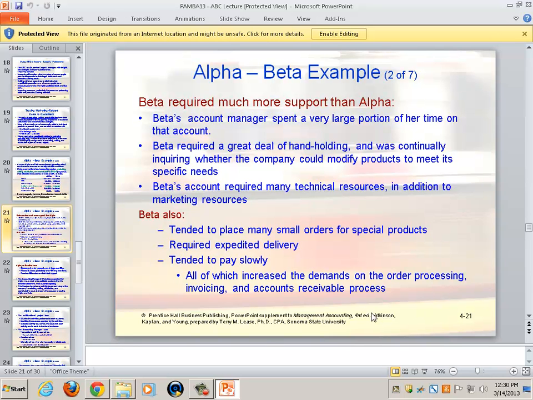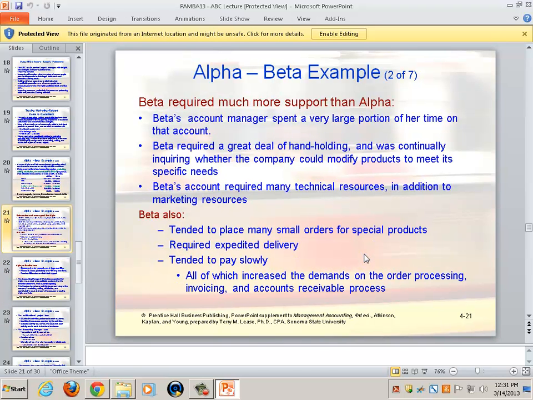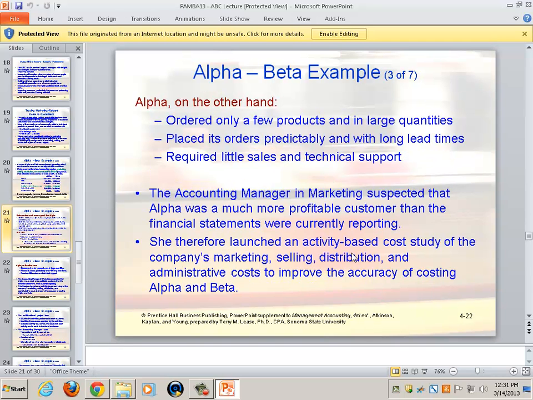They like expedited delivery time, pay slow. All of that is on the older customer, while the other is an easy customer.